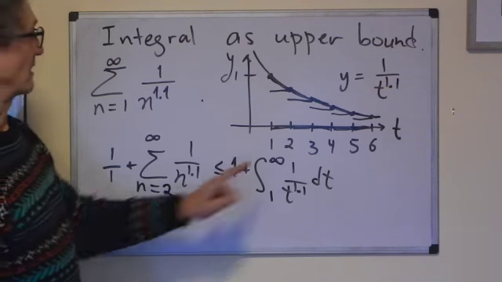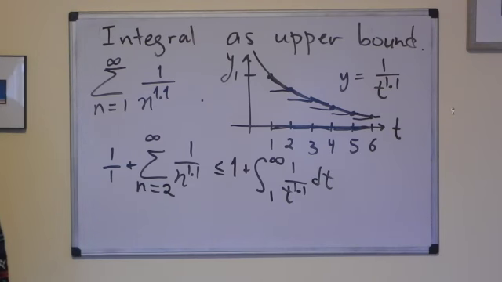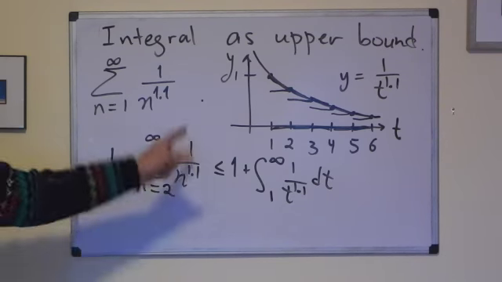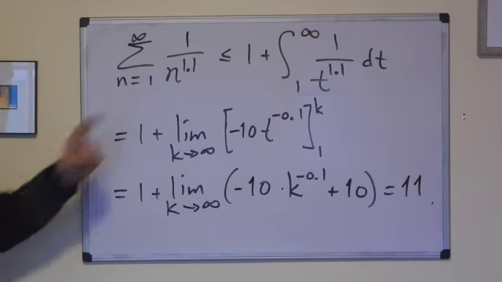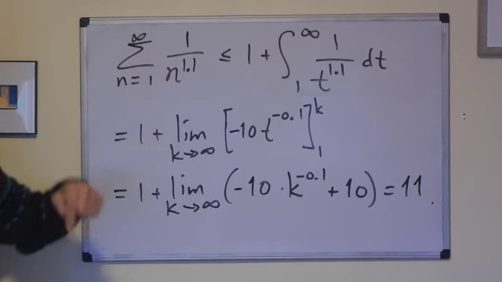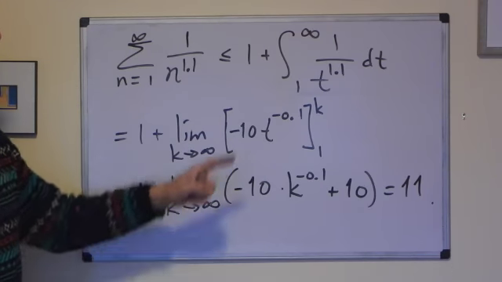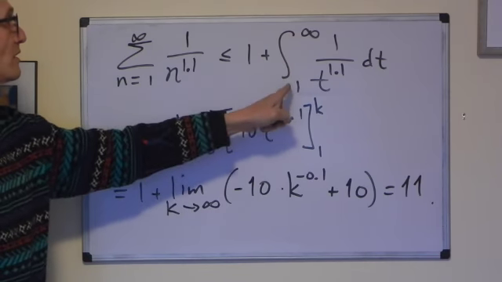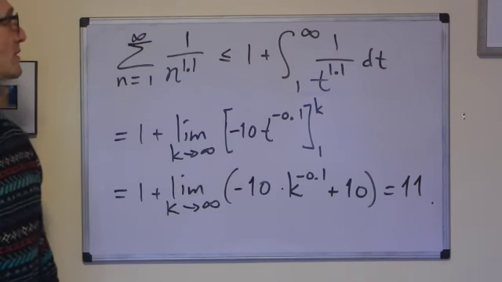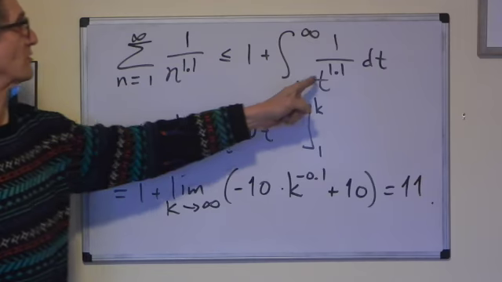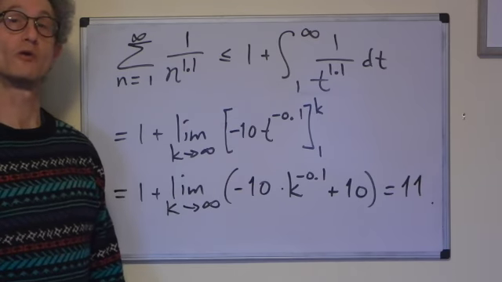And now we can calculate that integral and see what we get. And so let's do that. And so the sum with n going from 1 to infinity of 1 over n to the 1.1, the first term is 1. And then from the second term on, the terms are bounded by the integral from 1 to 2, 2 to 3, etc. And this integral is of t to the minus 1.1.